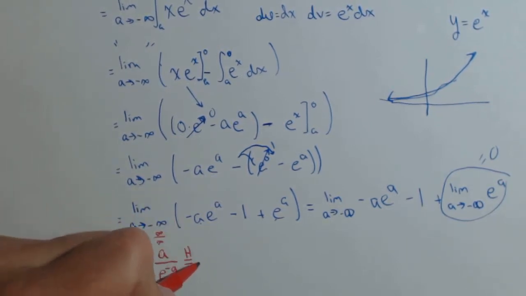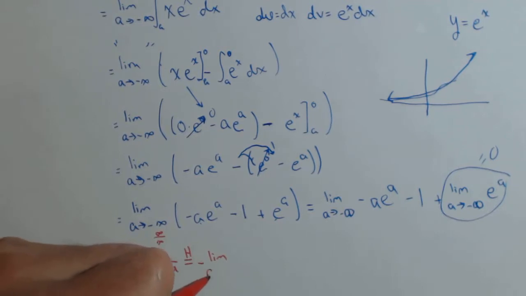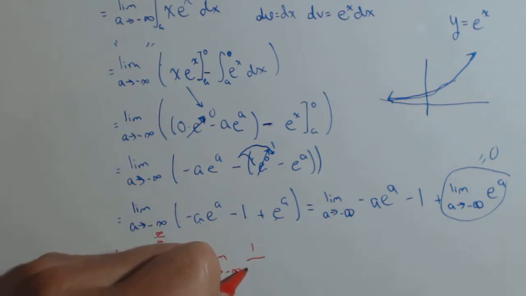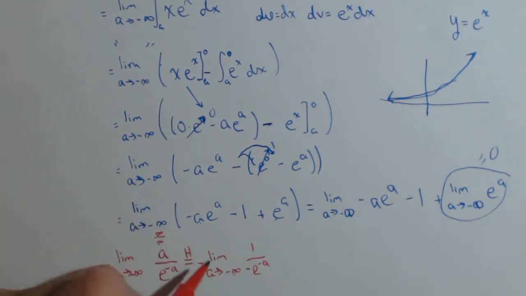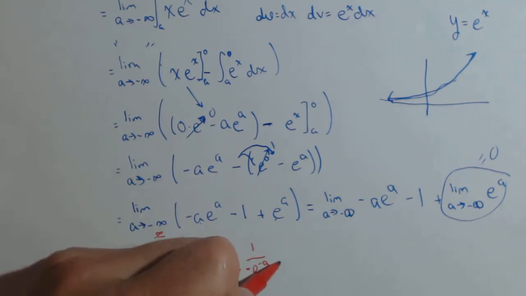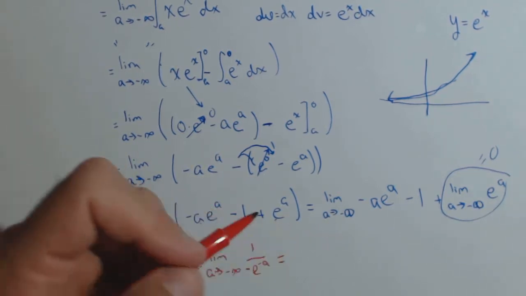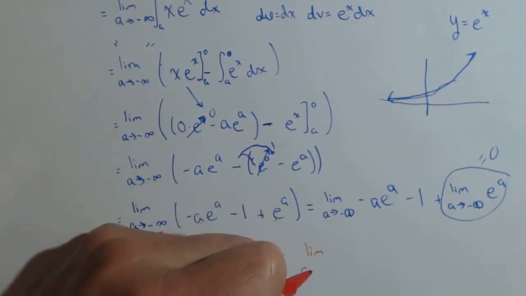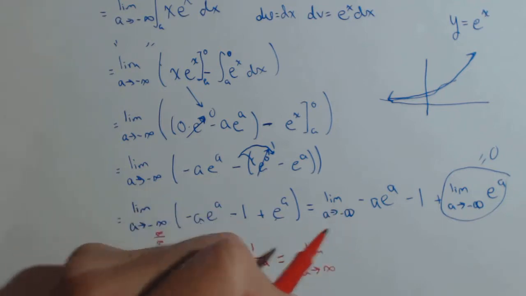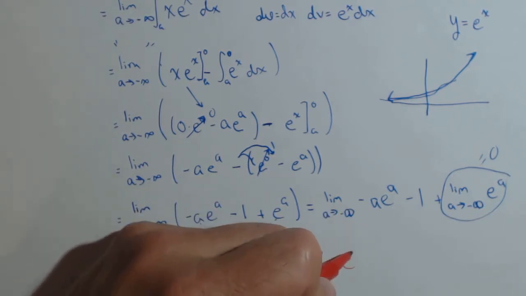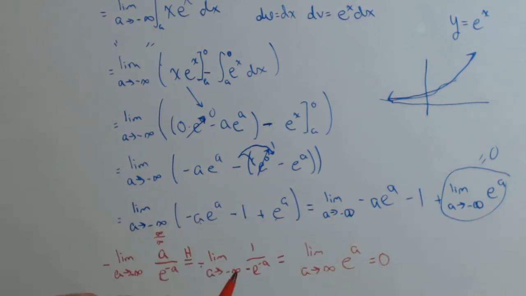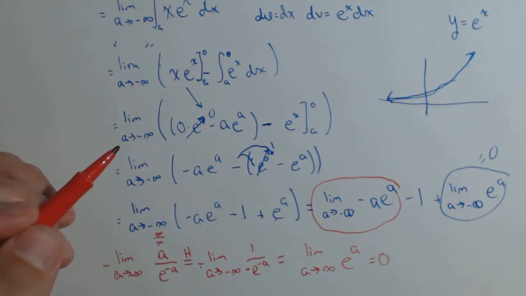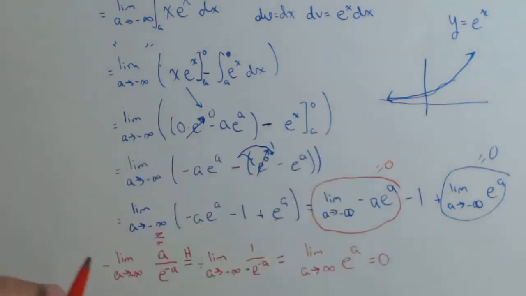And that means I'm going to be retaking a limit as a goes to negative infinity of 1 over negative e to the negative a. These negatives will go ahead and cancel, and we get the limit as a goes to negative infinity. I'm going to go ahead and move that back up to the top, e to the a, which equals 0. So it turns out this limit also equals 0.